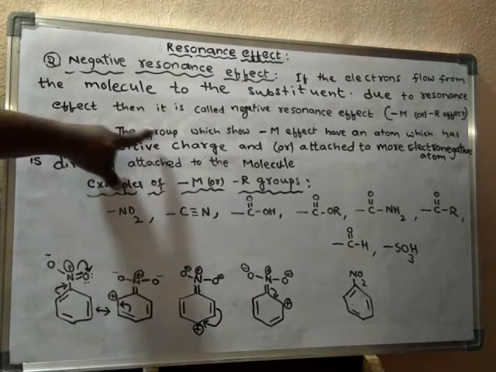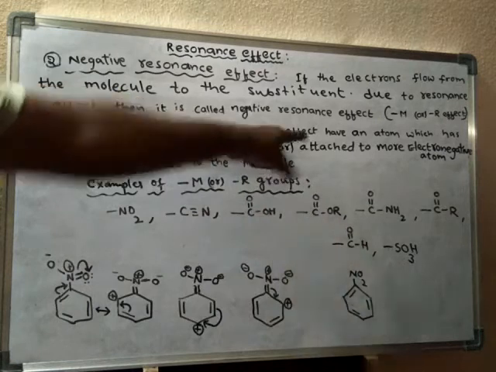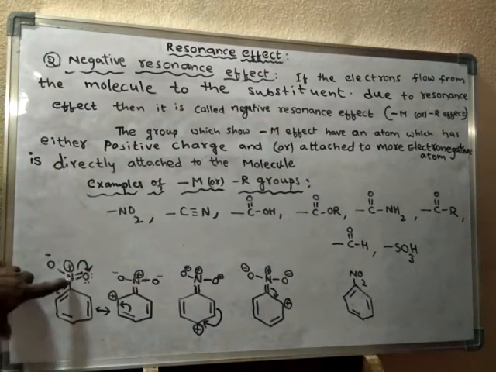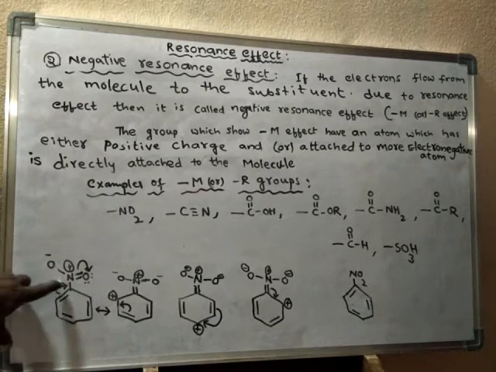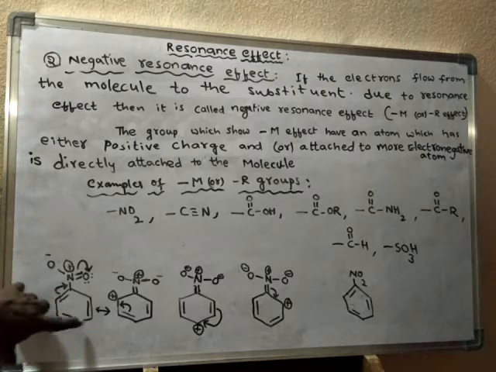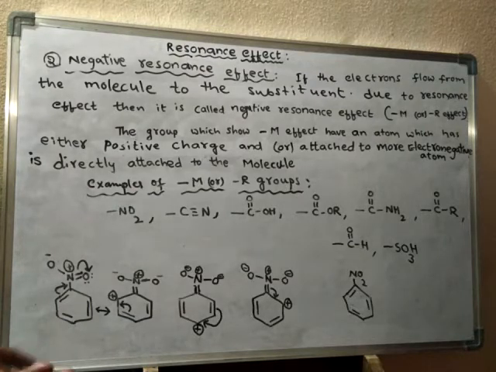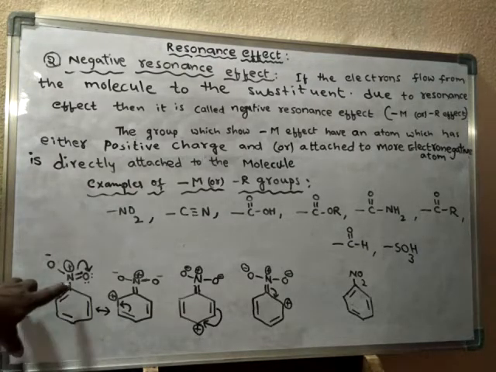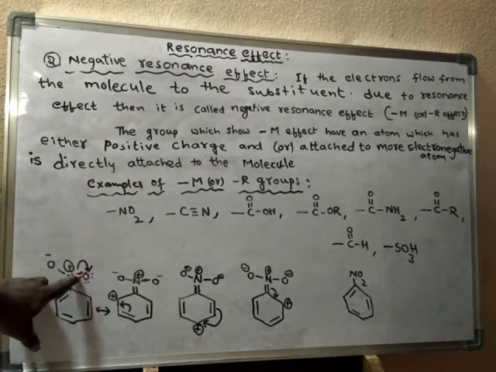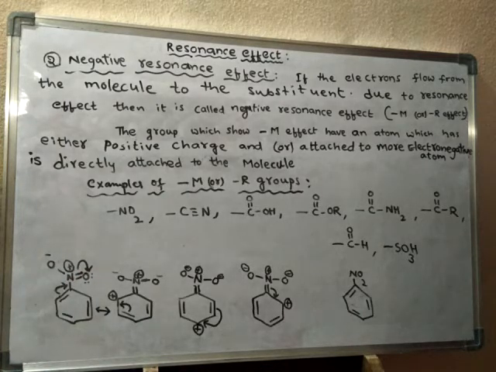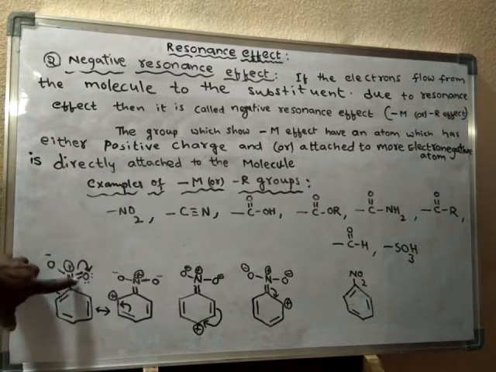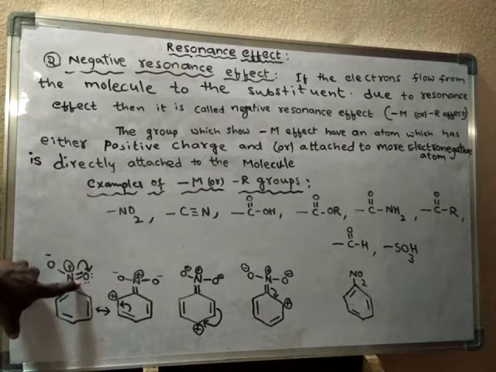Okay, the group which shows minus M effect has an atom. This atom is directly attached to this molecule, and this atom has either a positive charge or is attached to the more electronegative atom. So this nitrogen is attached to the more electronegative atom, oxygen.